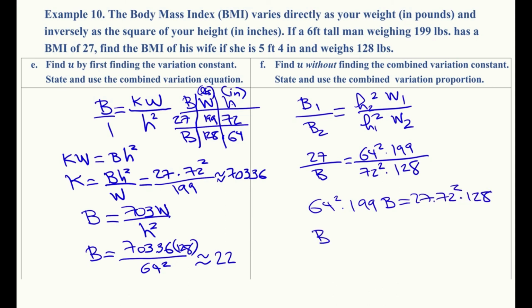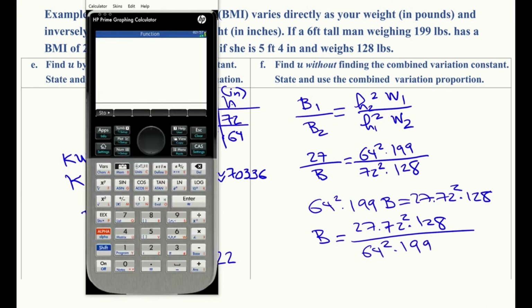So B is going to be all that on the right, 27 times 72 squared times 128 divided by 64 squared times 199. So let's go ahead and get some help from our calculator.